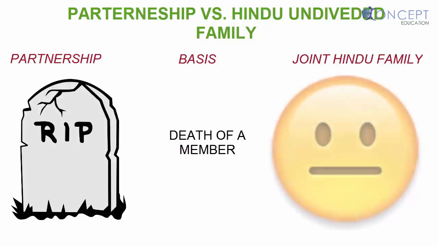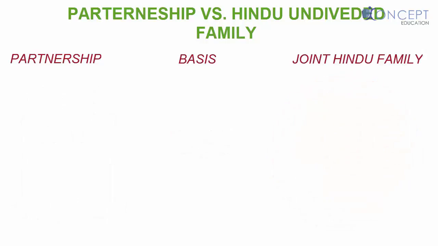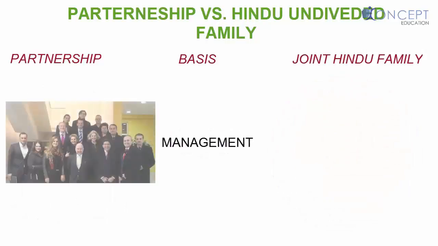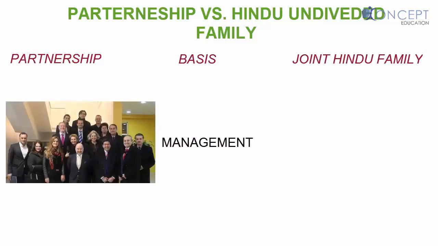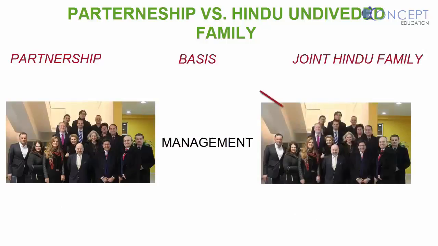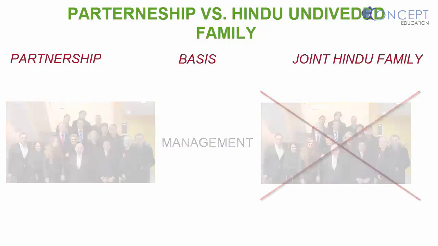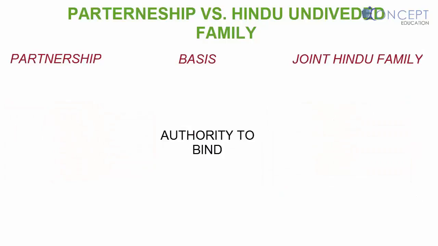But the death of any member of the Hindu undivided family does not give rise to dissolution of the family business. All partners are equally entitled to take part in the partnership business, but that might not be the case in an HUF. Every partner, by his act, can bind the firm. That's not the same in an HUF.